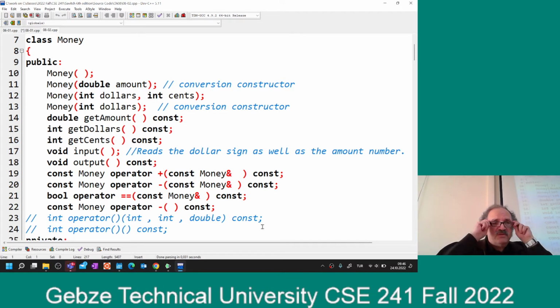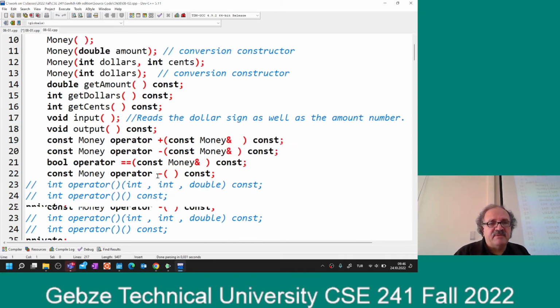Okay, let's go to the code again. These are our constructors: 1, 2, 3, 4 constructors, getters, and 1, 2, 3, 4 operator overloads. Let's ignore these for now. Let's look at this operator plus.